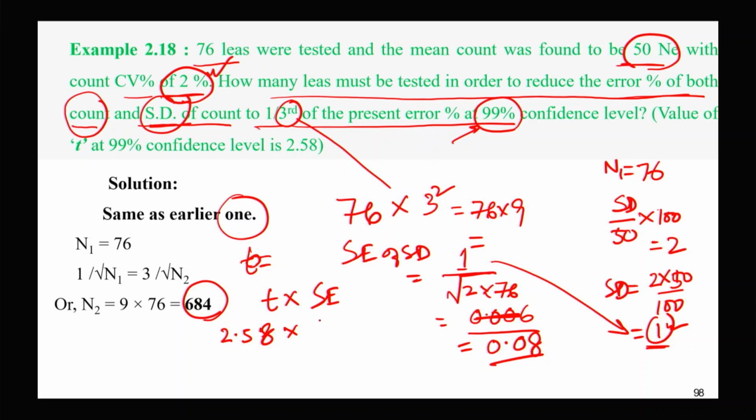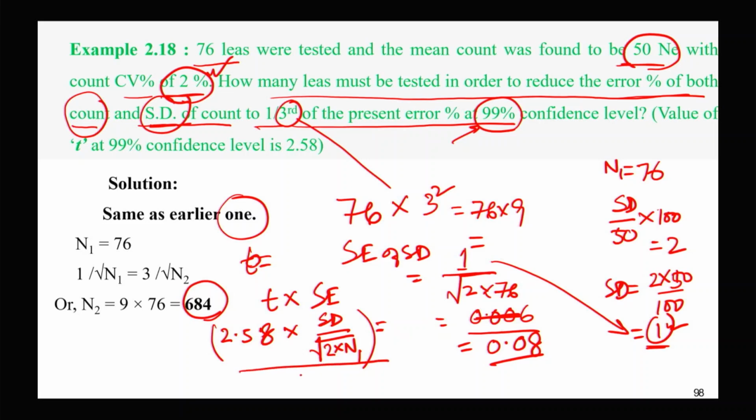Initial standard error was standard deviation by under root 2 multiplied by n1. This is the error 1, and our next error will be 1/3 of this.